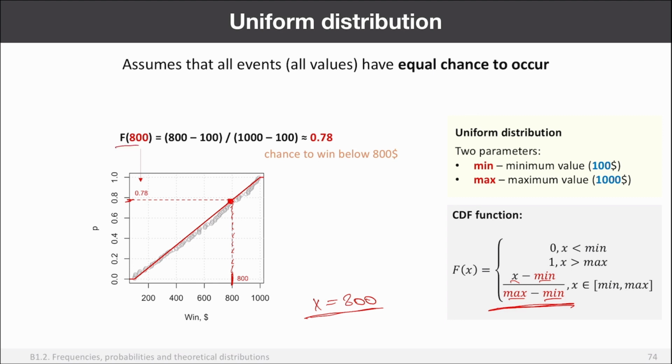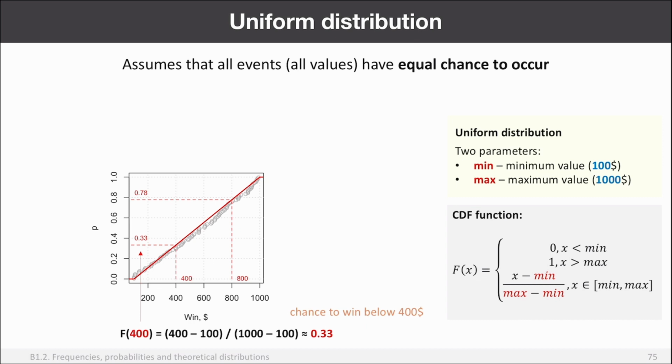So the probability to get a value below 800 is 800, this is our x, minus the smallest value, 100, and then divide by the range, the difference between max and min. That gives you a probability of 0.78. So it means that in 78% of the outcomes, you will get a win of 800 or below, right? Now we can also, for example, compute a chance to win 400 or below.